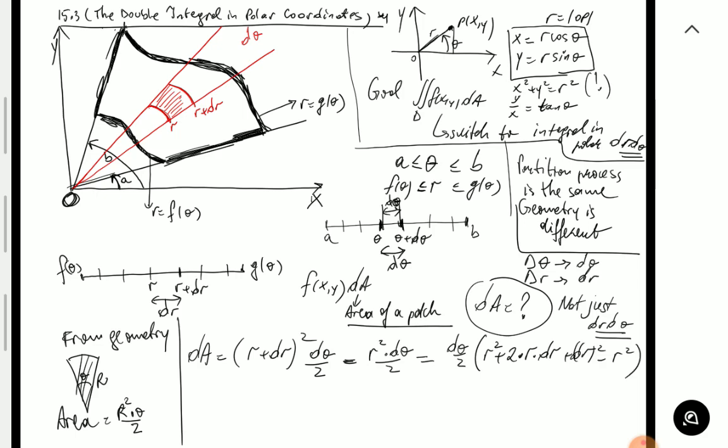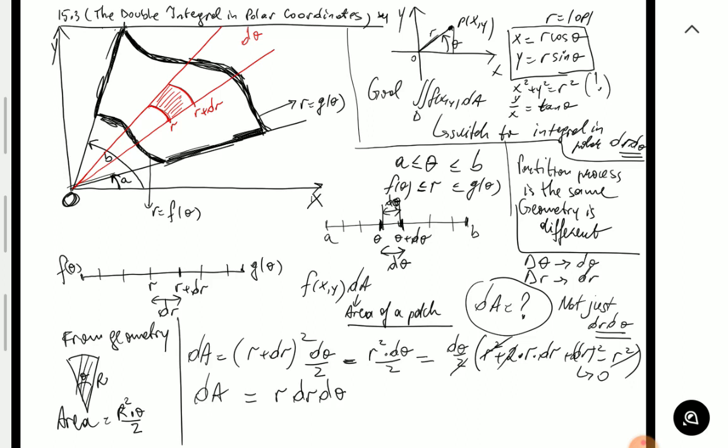Okay, now r squared cancels. Dr squared can be neglected, can be approximated to be zero. Basically, if you take the limit, if dr goes to zero, essentially the other higher order terms can be neglected in this approximation. So therefore dA becomes, if you simplify by 2, r dr d theta.